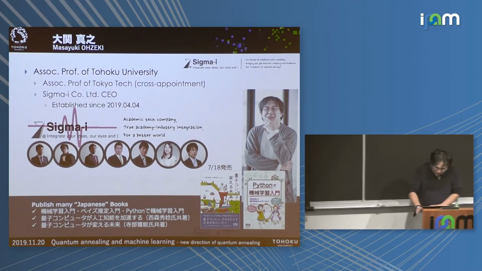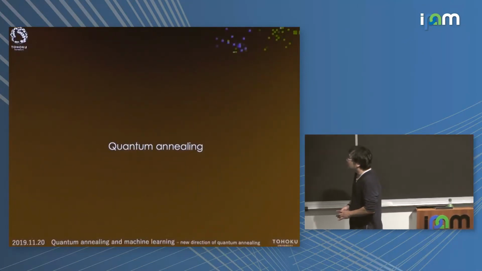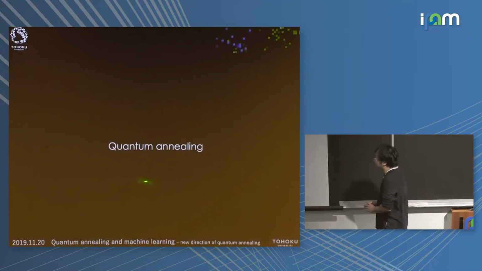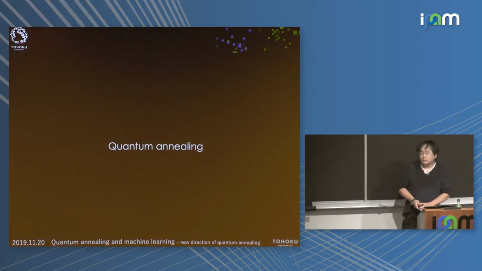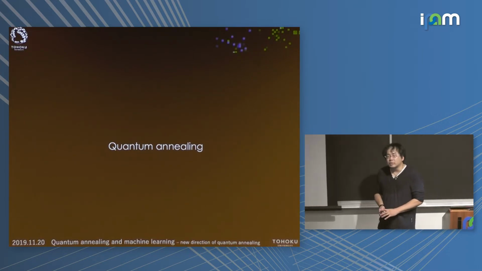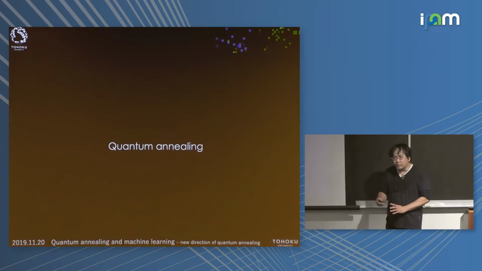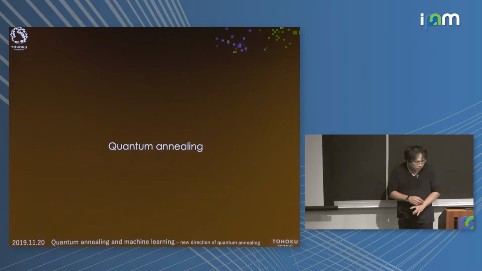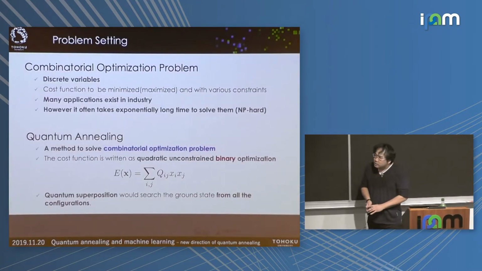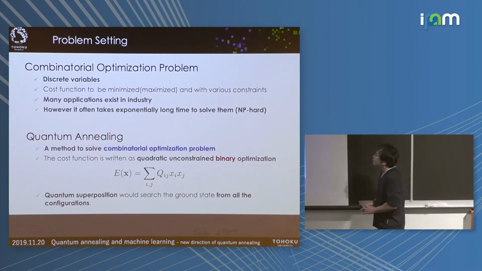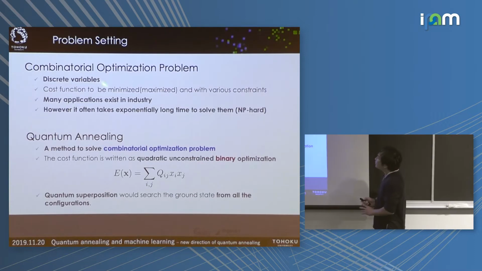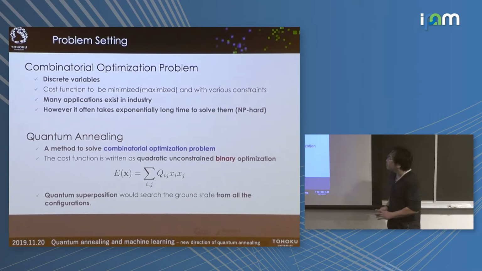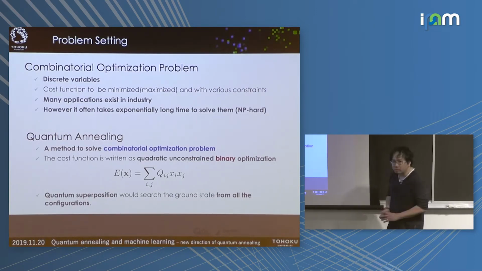Anyway, let me start my talk by introducing quantum annealing. Maybe all of you know the concept of quantum annealing: to manipulate or control the strength of the quantum fluctuation to solve an optimization problem. Quantum annealing is to solve combinatorial optimization problems, which include discrete variables.